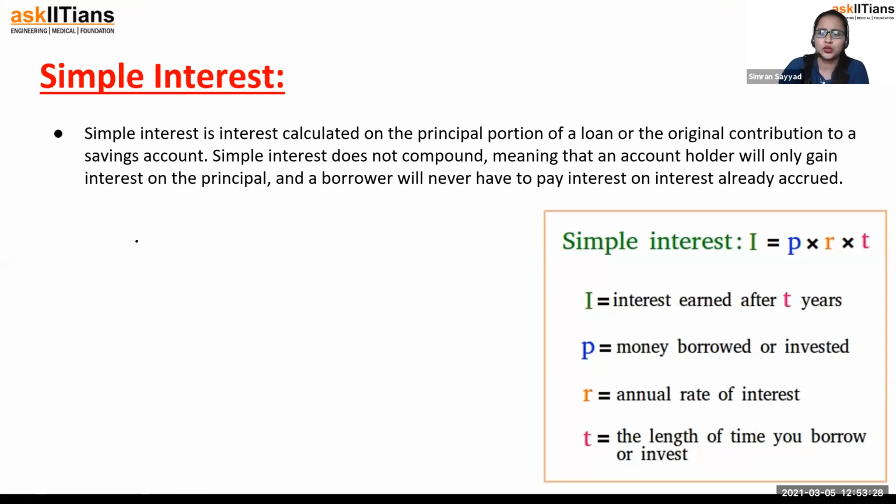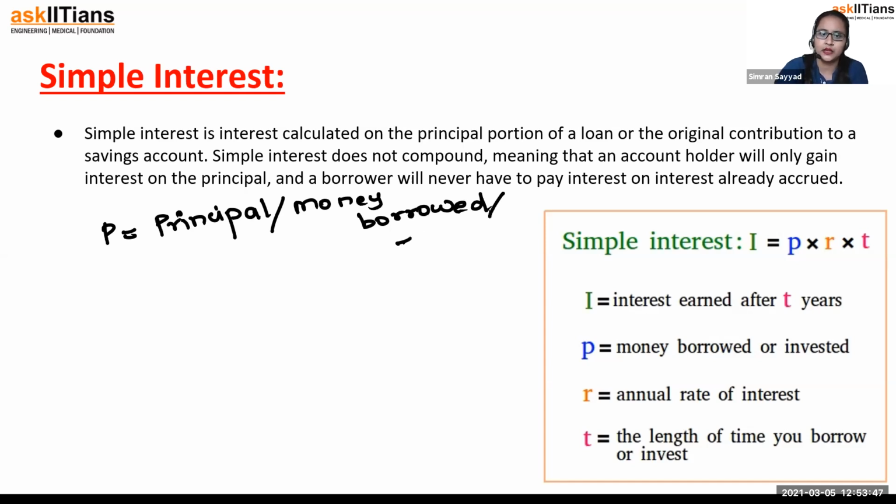Here the notations may be different, so we will fix only one notation: we will say P for principal. You can say principal, or the money which you have borrowed, or the money invested, whatever it may be.